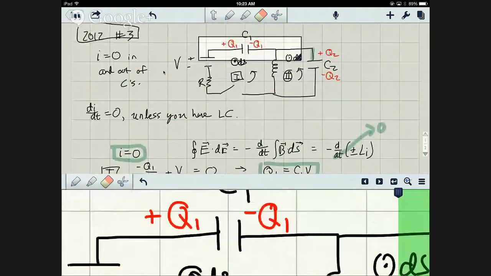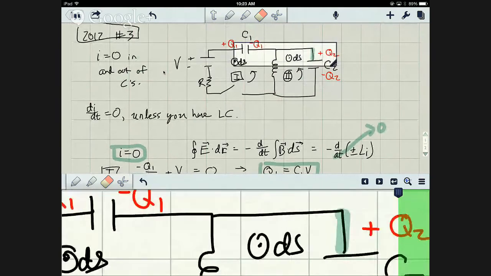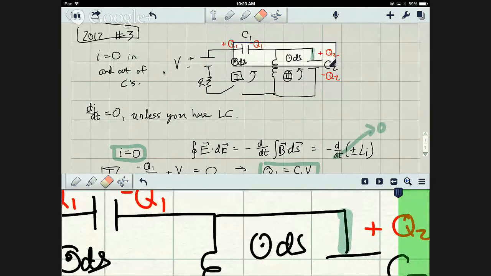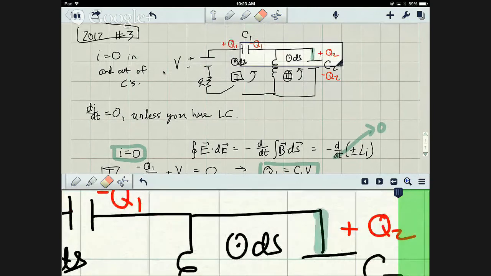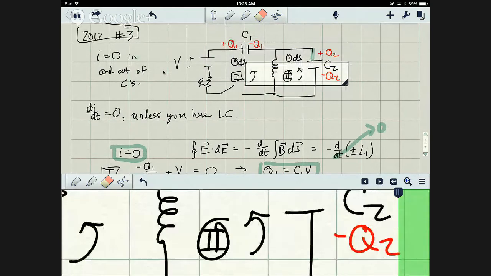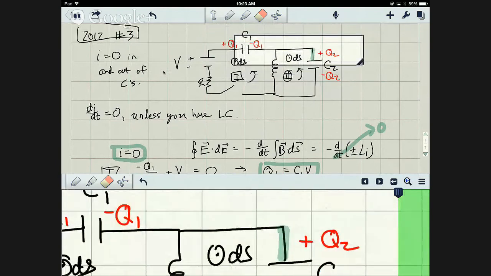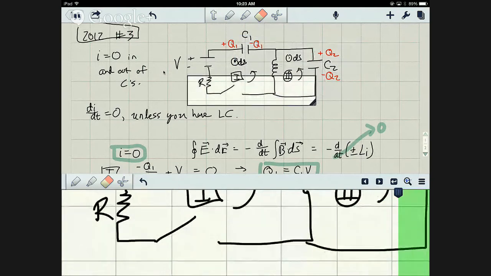So we have an initial charge here, and that's going to cause some current to flow. We are then going to have some initial current in here, but we cannot integrate E dot dr.